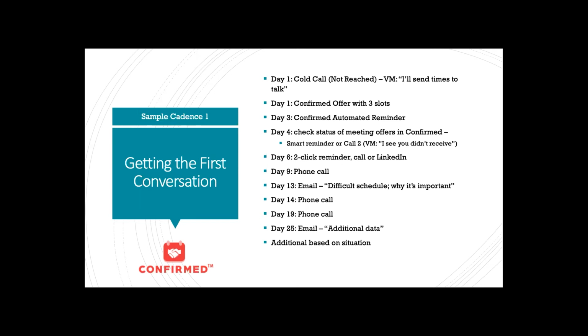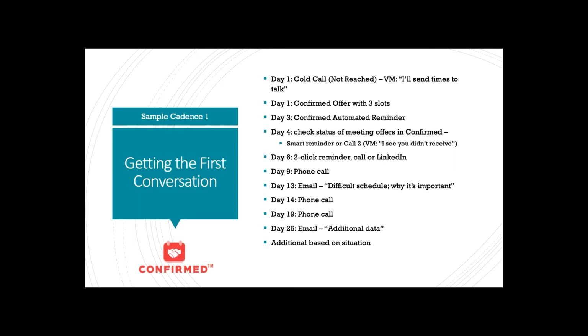We know whether it's pending, whether the meeting is confirmed, and then we'd make a determination based on the metrics. We've already tried them twice, actually 3 times: a cold call, leaving them a voicemail, the initial offer, and then the automated offer. And then at that point, we're saying to ourselves, well, look, I need to really check the data. You can check the data earlier as well, but at this point, you have to check the data.